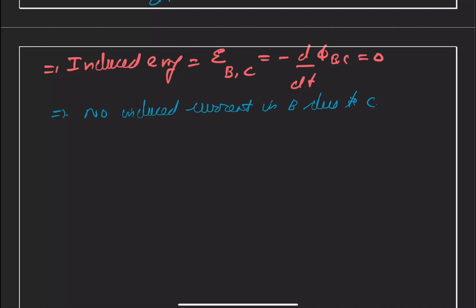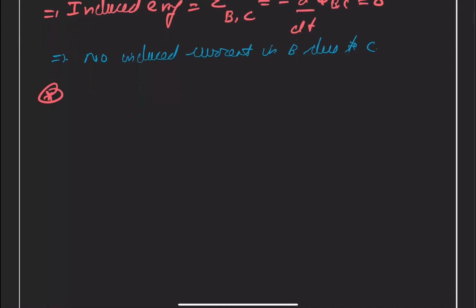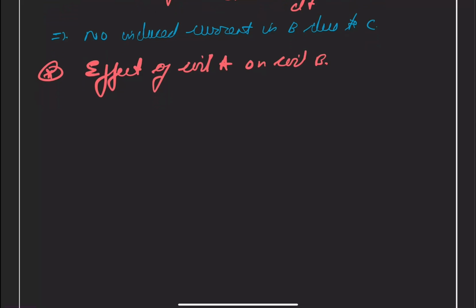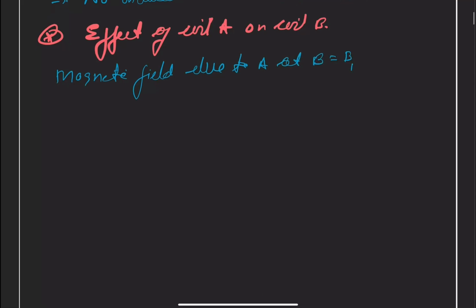Now we come to the coil A and coil B. Effect of coil A on coil B. So we can say magnetic field due to A at B, let us call that B_A, which will be equal to mu naught I upon 2R.